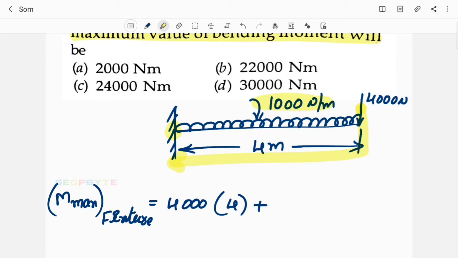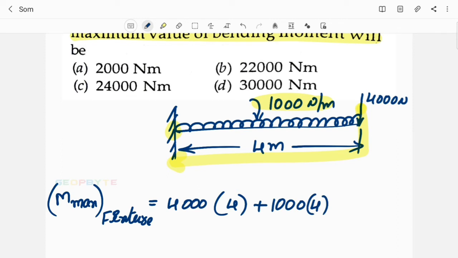For getting the moment due to UDL, first you have to convert from UDL to point load. The point load from the UDL is obtained by multiplying UDL with UDL distance, that is 1000 multiplied by 4.